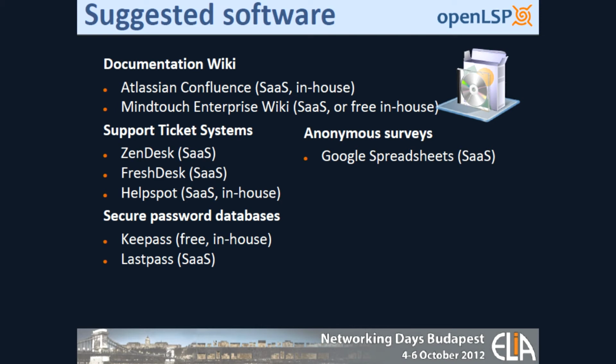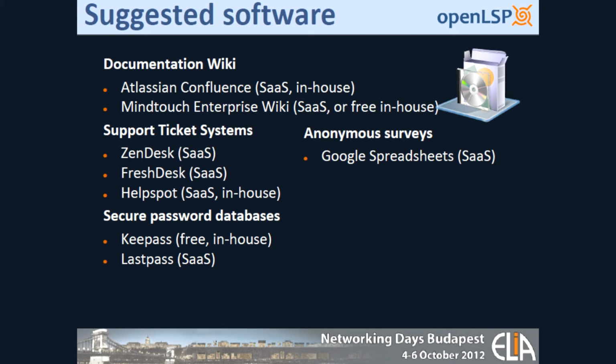This is a bit of software that I recommend. For doing documentation in-house, I would really recommend Atlassian Confluence. It's a SaaS-based product, and they actually have a starter plan. I don't remember, but I think you get 5 users or so for almost nothing.